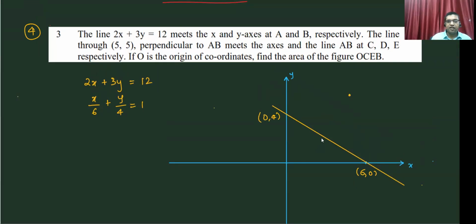And the line is perpendicular to the line AB and passes through 5 comma 5. Okay, let's say this is 5 comma 5.